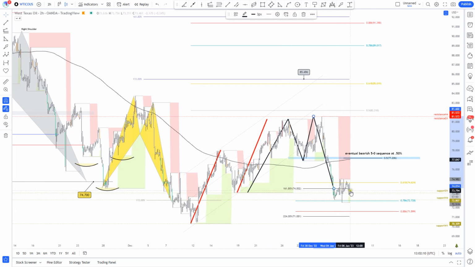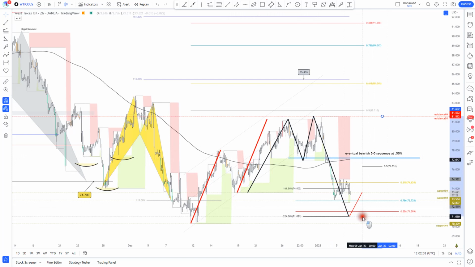I was expecting, and I still expect, a potential move to the upside and forming this bearish 5-0 sequence. I will not be surprised to see that, but in terms of risk-reward opportunity, I prefer to wait for the shark pattern if formed at the bottom at 71.08, which may offer me a nice and friendly risk-reward opportunity to try to get involved.